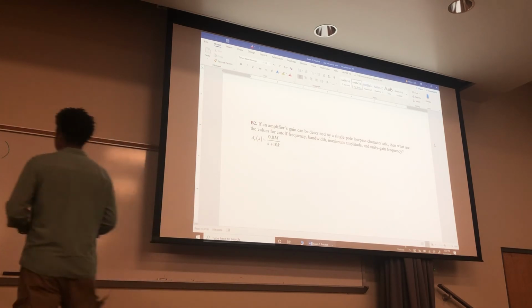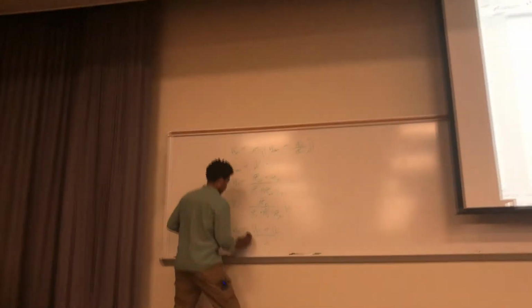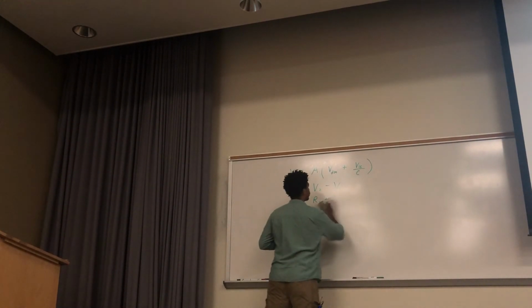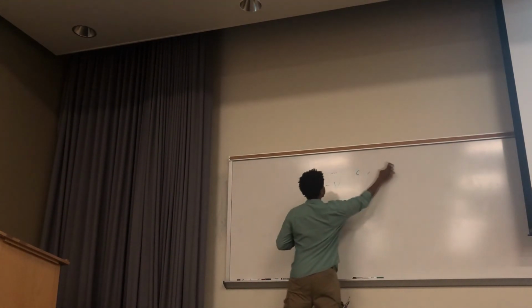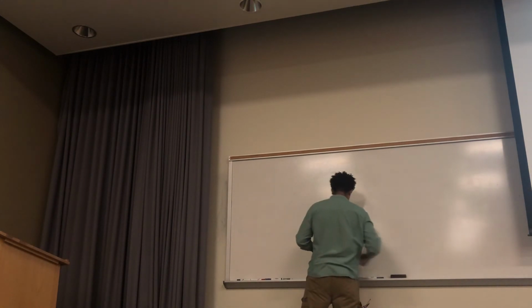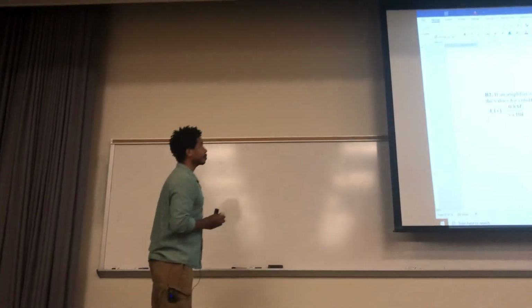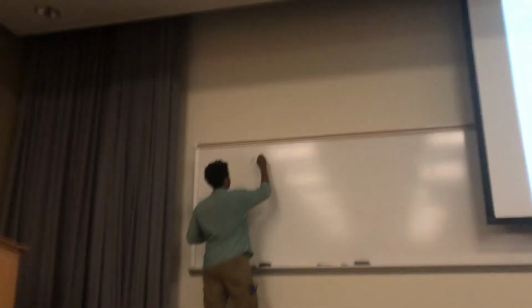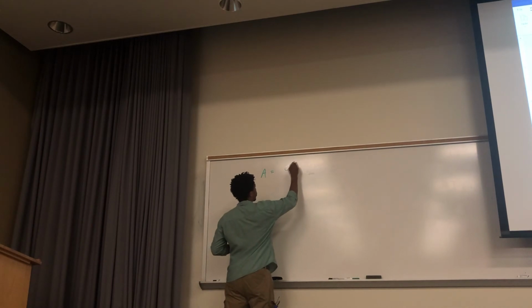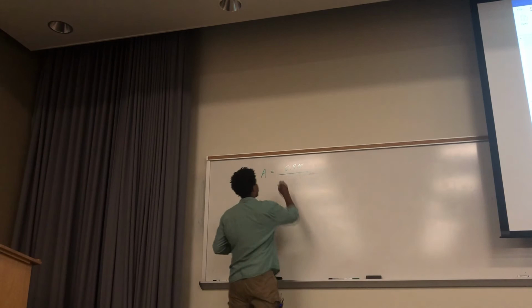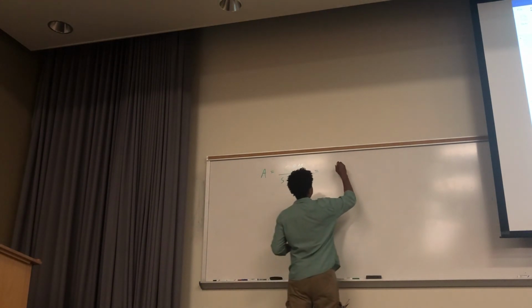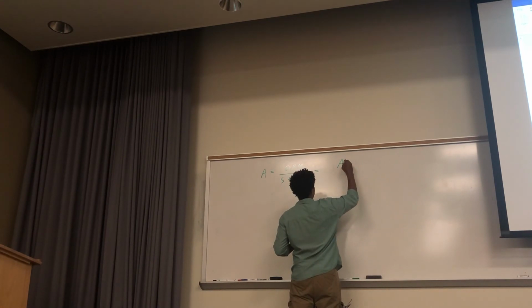Okay, so for that, we have this A that equals 0.8 meg over S plus 10K. And we know the form, we recognize this form right here.